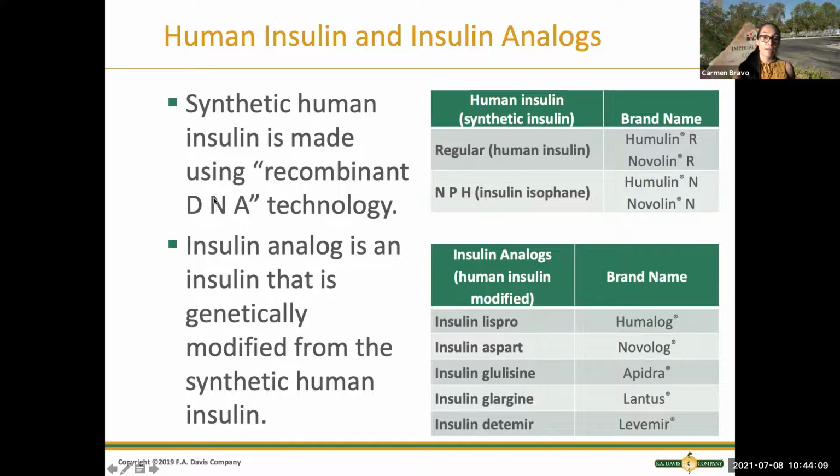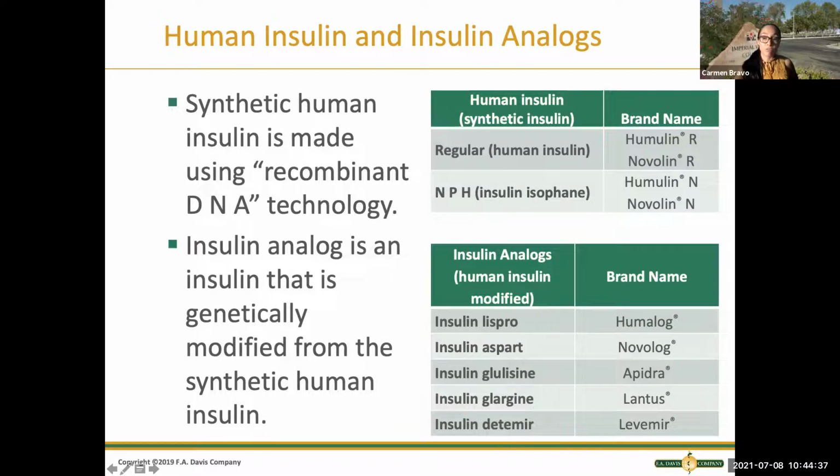Then we have some other types of insulins that are kind of analog. These insulins are genetically modified from actual synthetic human insulin. You will see different names for these analog insulins: insulin Lispro, Aspart, Glulisine, Glargine, and Detemir.